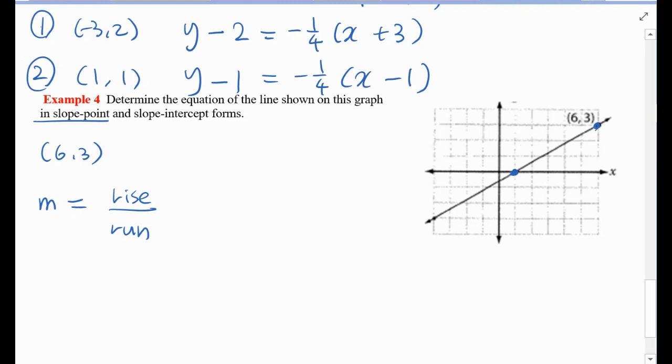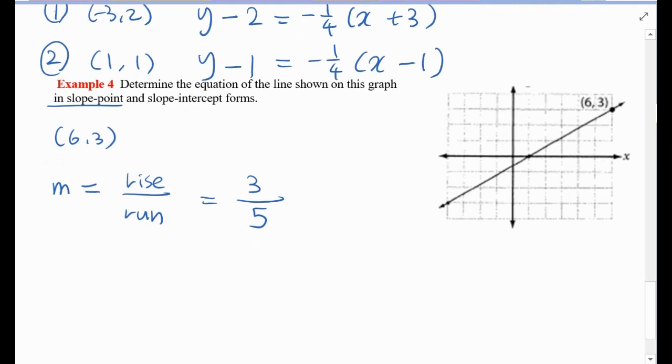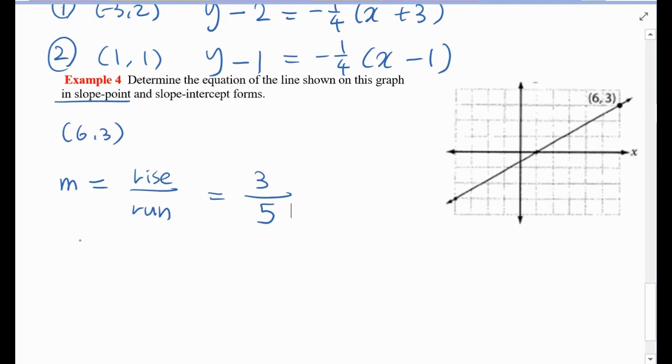Okay, so what is the rise? 1, 2, 3. So rise is 3. And what is the run? 1, 2, 3, 4, 5. The run is 5. So rise over run is 3 over 5. Okay, so we know the slope, and let's find the slope point form.